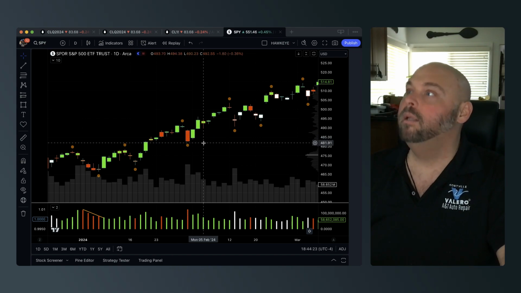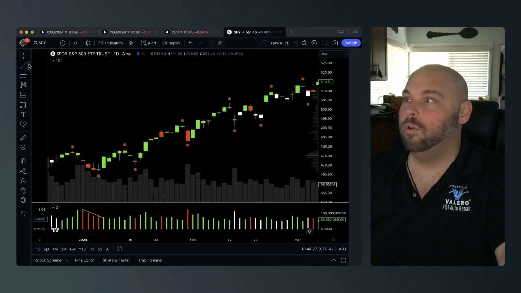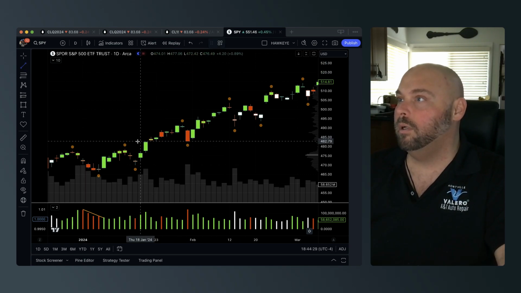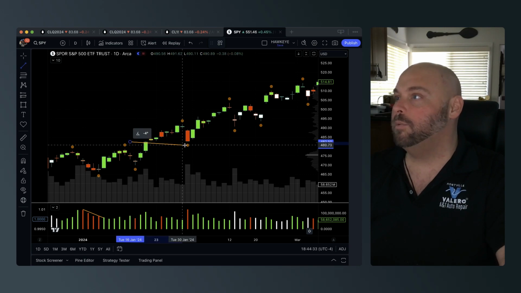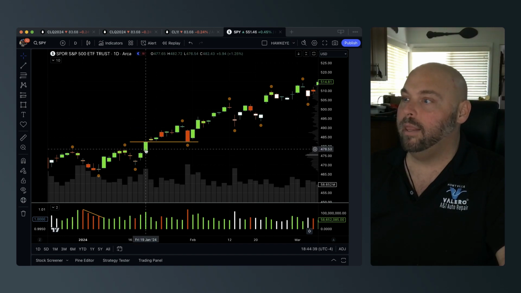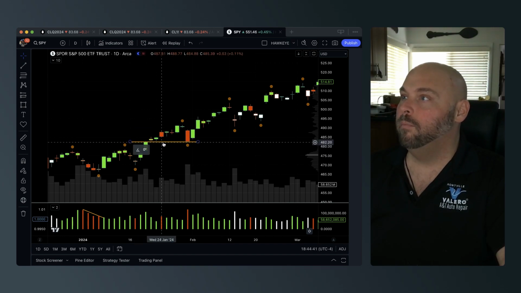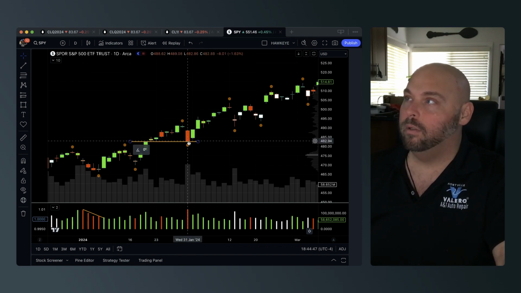But guess what? The buyers said, that's okay. You can sell strong if you want, but we think there's value here at this price, and we're probably not going to let you go any lower. Notice that at that big candle there, where there was enough buying interest, when the sellers pushed back, they found support.